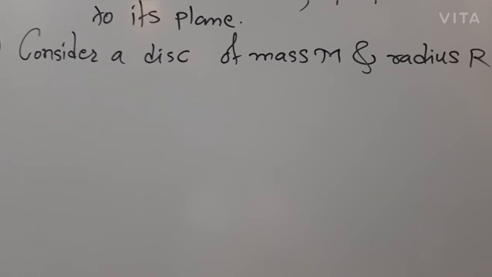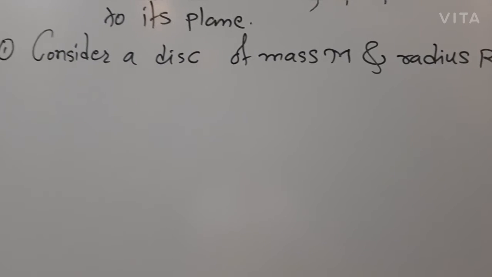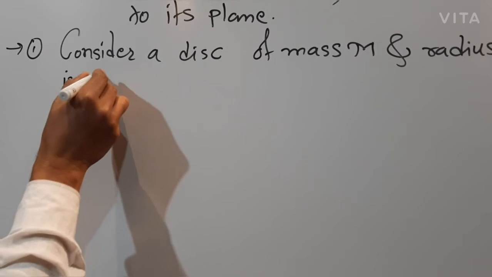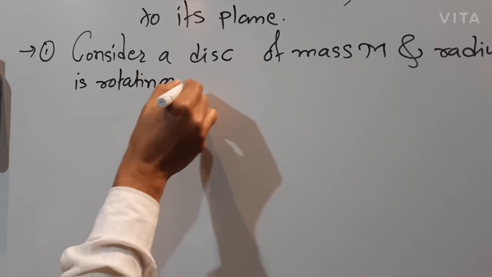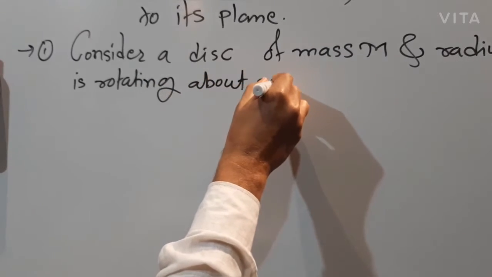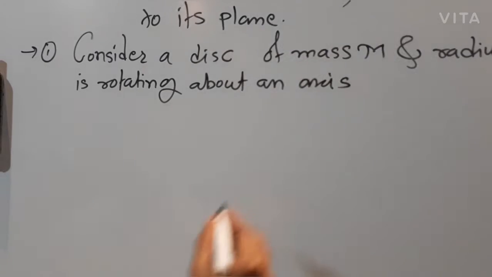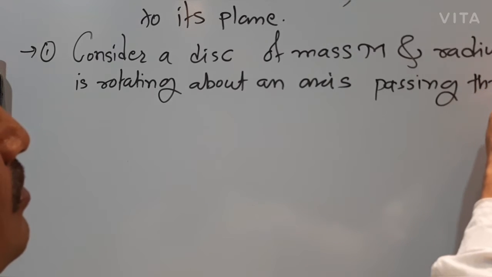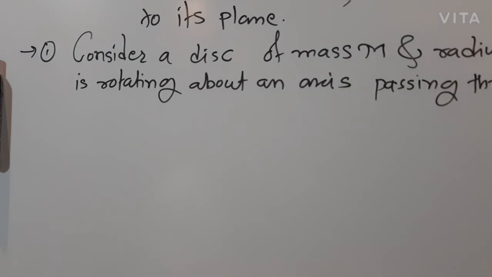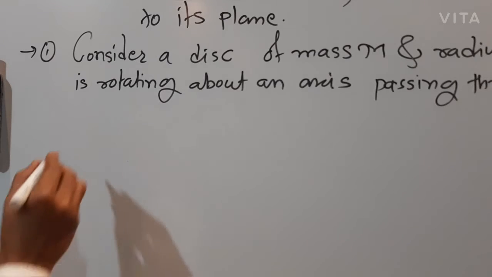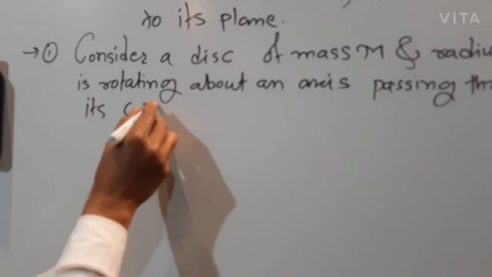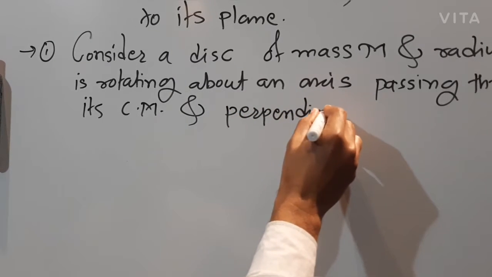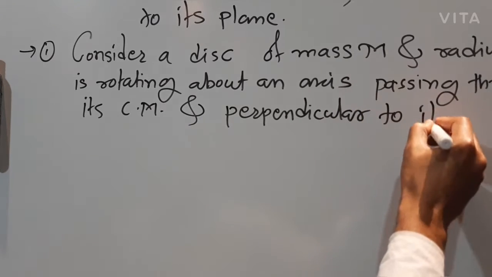Consider a disk of mass capital M and radius capital R rotating about an axis passing through its center of mass and perpendicular to its plane.